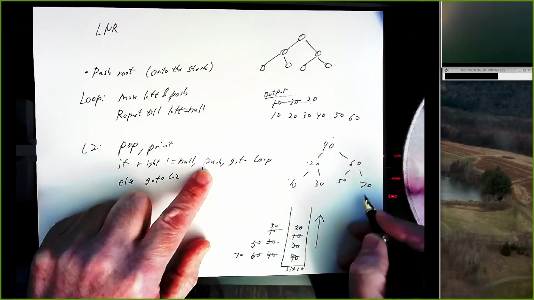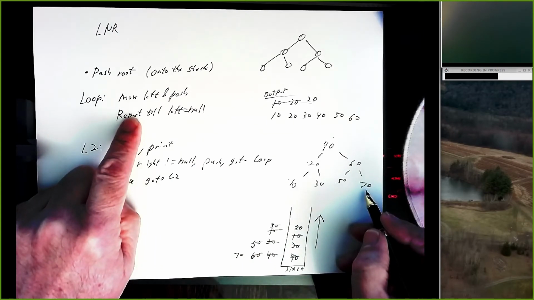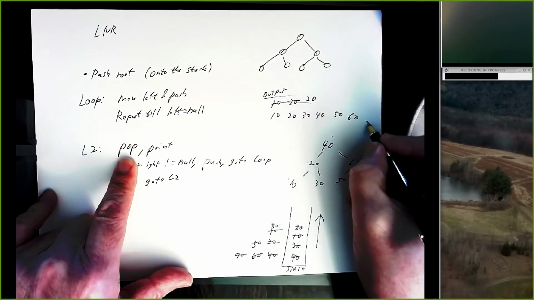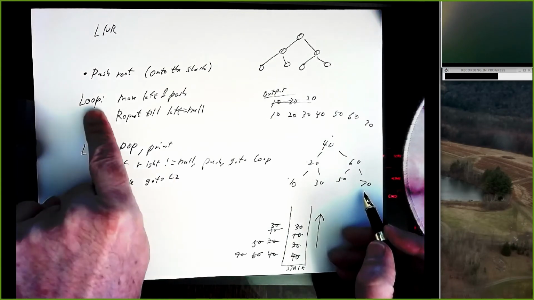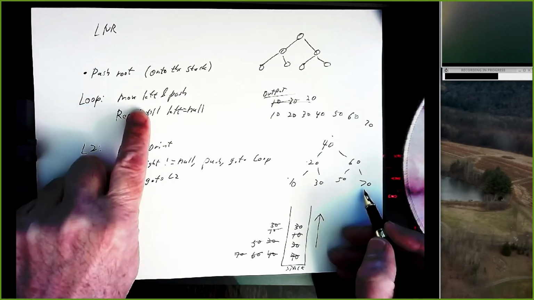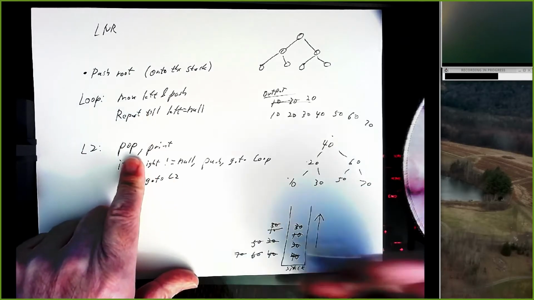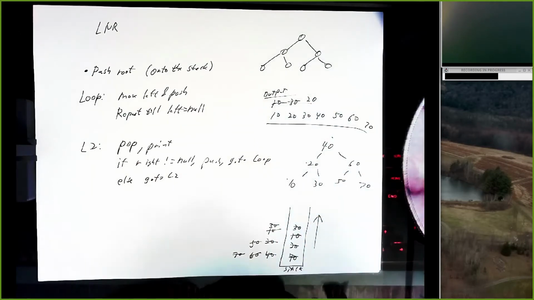So we push a 70, and we go to loop. Loop tries to move left, we can't, and so we're going to come down to L2, pop the top of the stack, which is a 70. Print it. There's nothing to the right, so we're going to go back to the top of the loop. We'll try to move left, there's nowhere to move. We try to pop, the stack is empty, we're done. And so there's your in-order traversal.